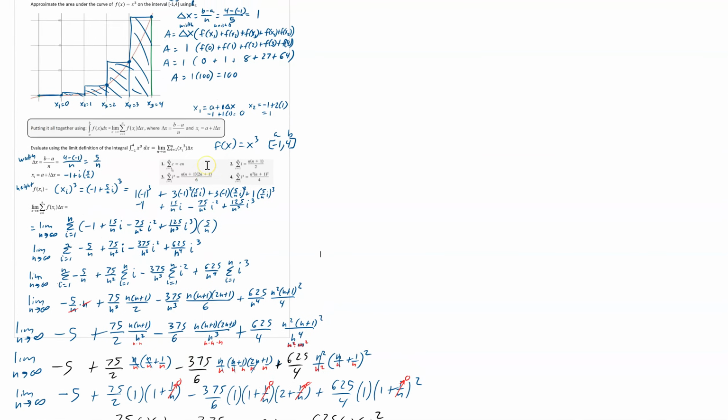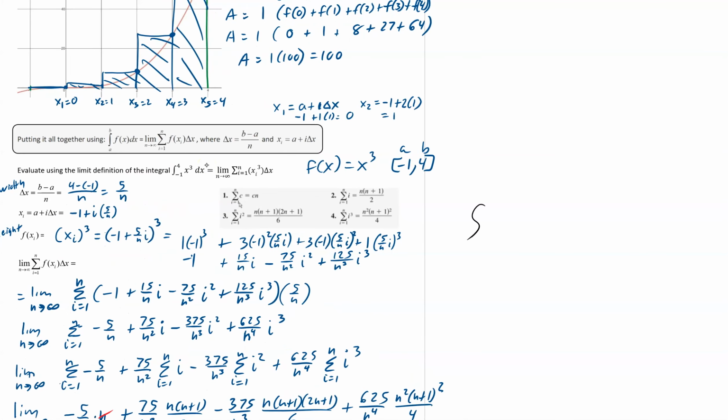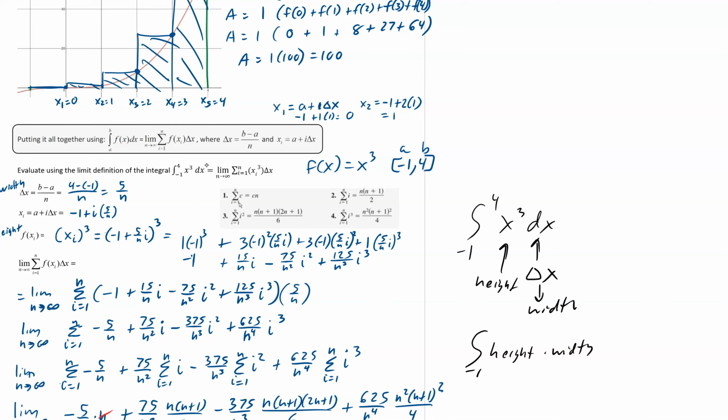So if you just look at our integral, it's the integral from -1 to 4 of x cubed dx. Remember, this is our delta x, and this is our height. So this is our width, and this is our height. So all it really is the integral of height times width from -1 to 4.